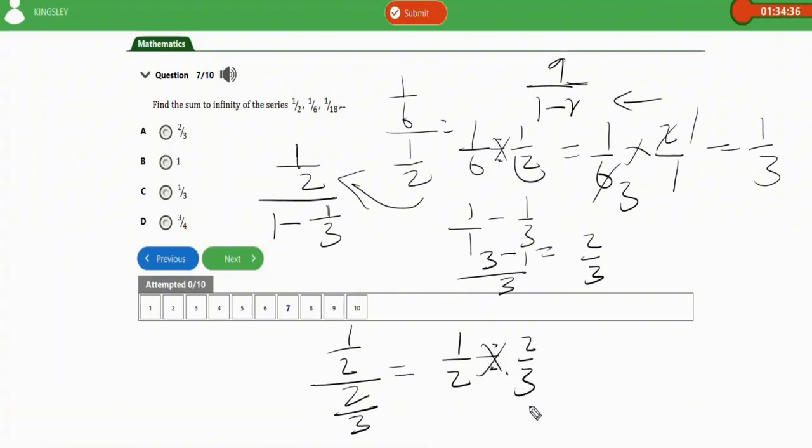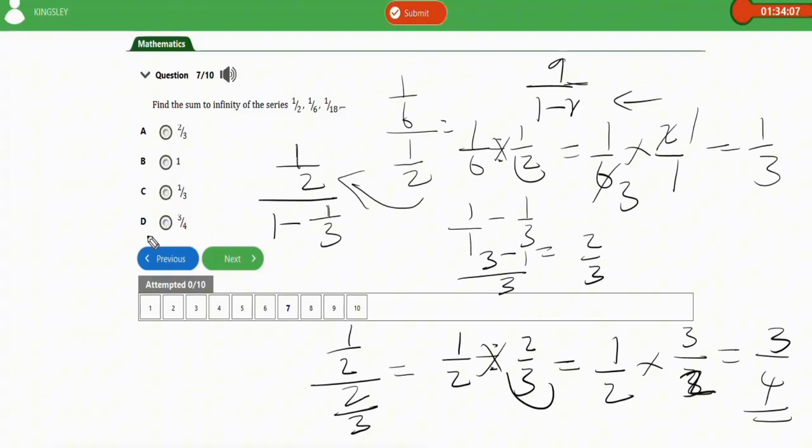Change it to multiplication, this will give you 1 over 2 times 3 over 2. So when you simplify, you're going to have 3 over 4. Now with the result, the correct option to this question is option D, which is 3 over 4.